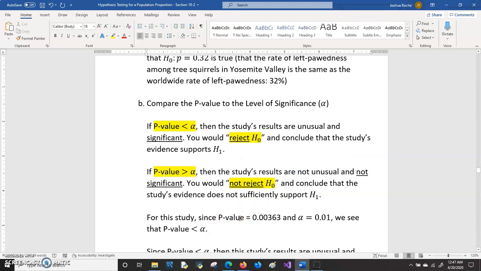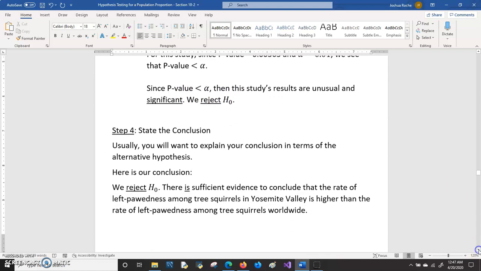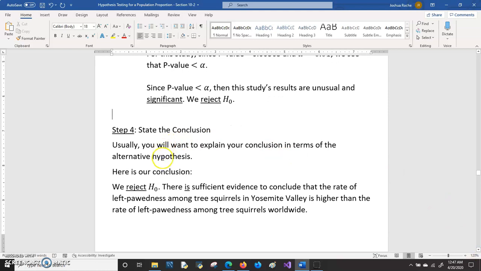For this study, our p-value was 0.00363. The alpha was 0.01. That means that the p-value is less than alpha. And since the p-value is less than alpha, that means that our results are unusual and significant, and therefore we reject the null hypothesis.